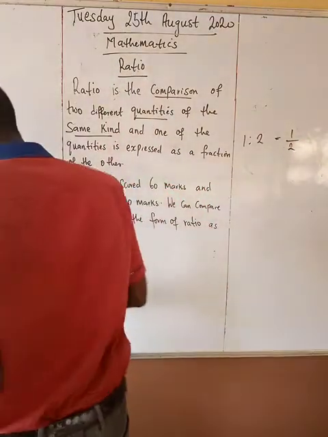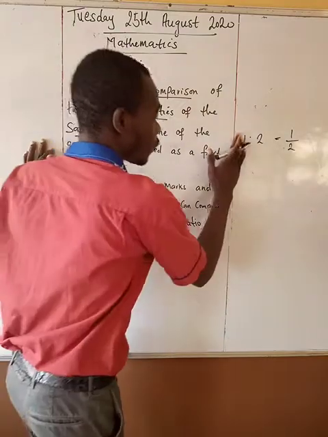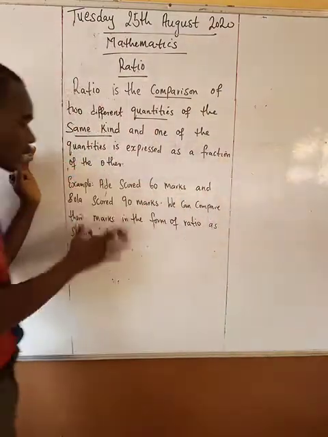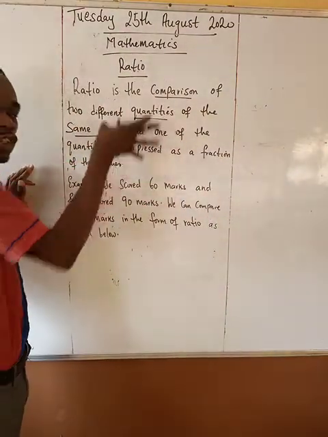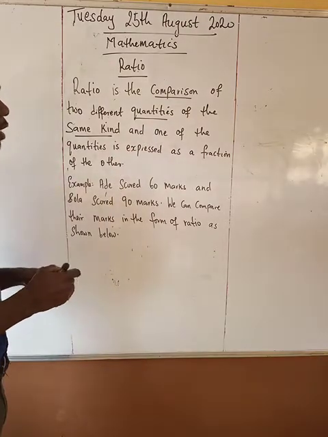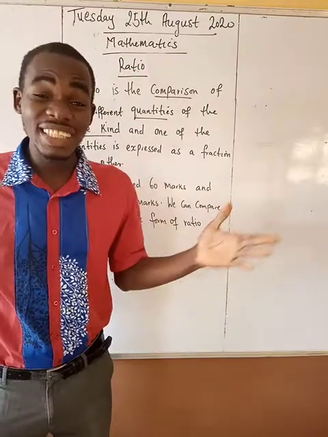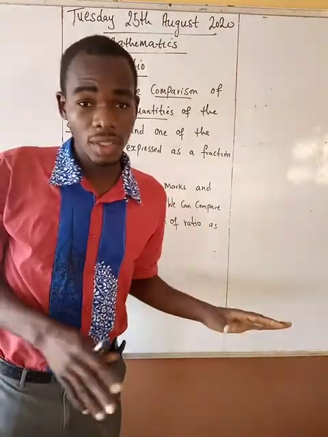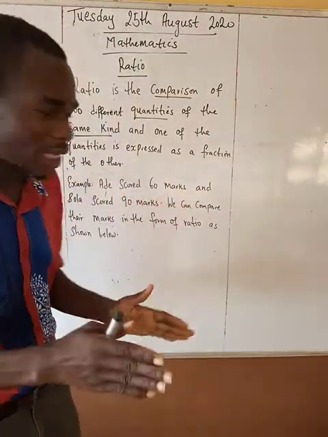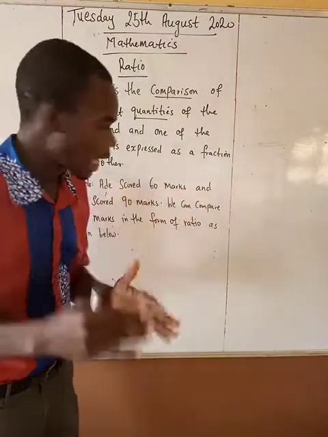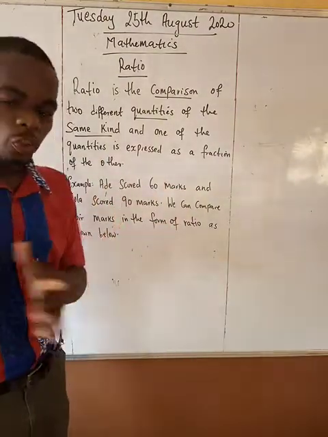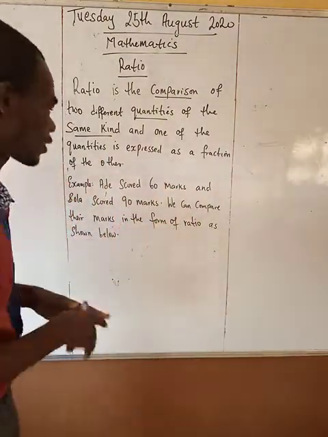That is something we should try not to forget. But let's look at this example to break down this topic. Before I continue, let us understand that ratio is very vast. It has lots of different components, so we're going to take it gradually, step by step. Today we're just going to look at the introductory aspect and then give some exercises to do.